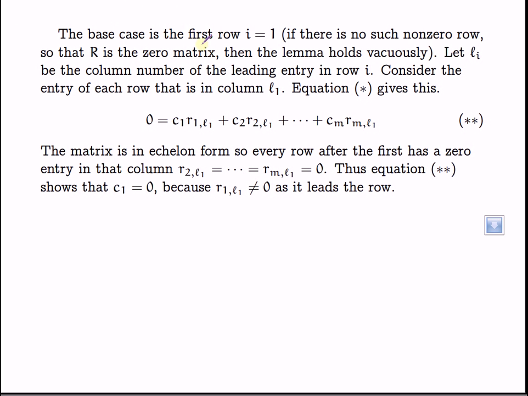The base case is the first row. If there is no non-zero row, then R is the zero matrix, so the lemma holds. We don't need to worry about that. So let L_i be the column number of the leading entry in row I. Now here we're considering I equal 1, so let me just draw that picture.